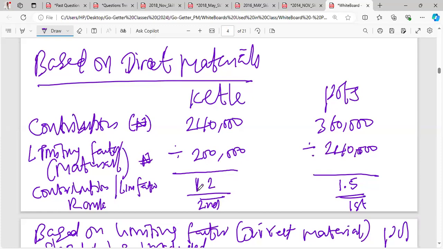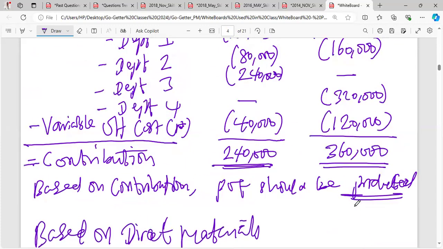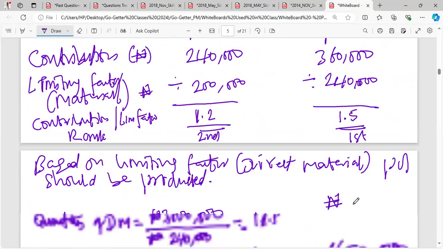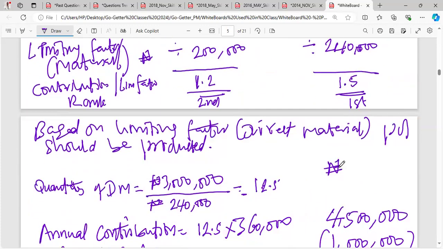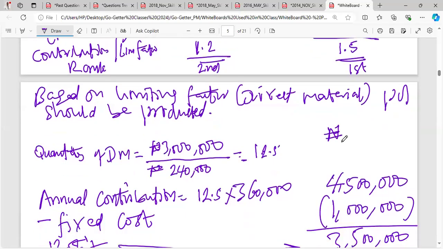When we divide, we have 1.2 and 1.5. We ranked it, found out that pots should be made. Then we decide to look for the profit that will be made if only pot was done. We have 3 million maximum to spend.